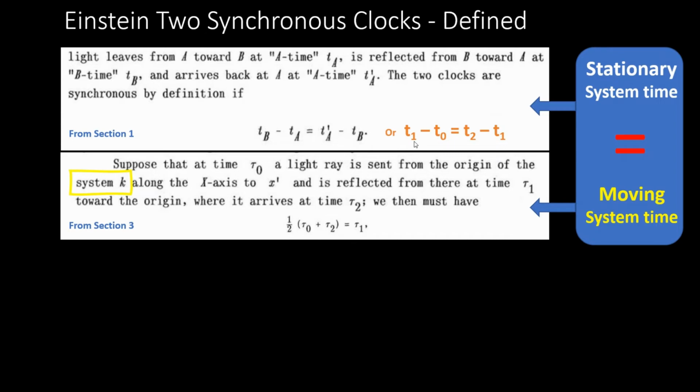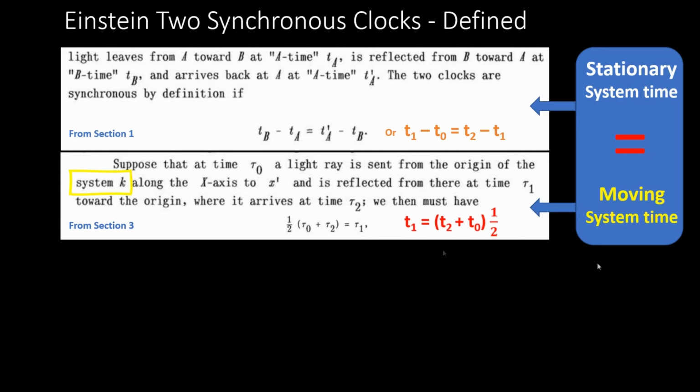The subscripts are just changed and T2 is there instead of T prime A. We just take this equation and quickly rebalance it. We add the T1 to both sides and we get 2T1. We add T0 to both sides and we get T2 plus T0. And then we divide out the 2 from both sides and we get an equivalent equation just with some simple rearrangement.